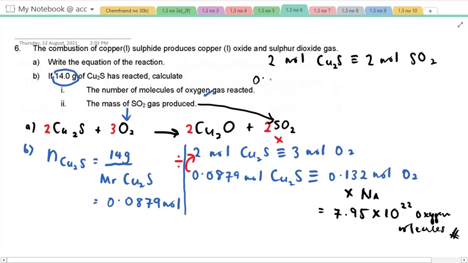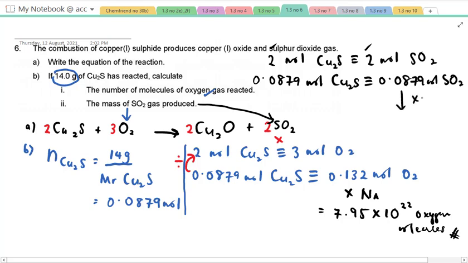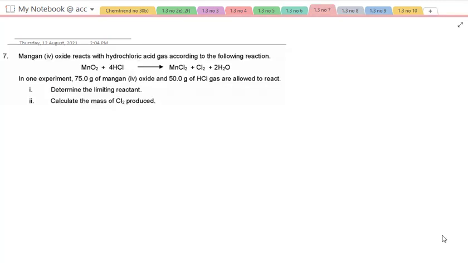Since we have 0.0879 mole of Cu2S, the same, 0.0879 mole of SO2 will also be produced, because 2 and 2 are the same. Then next, we multiply with the molar mass of SO2. Then the answer is 5.63 gram. So that is the answer for question A and B.